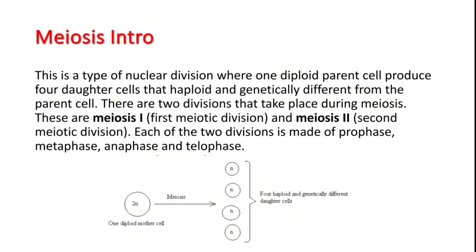That is meiosis, my excellent students. That is meiosis. So it's different from mitosis. Under mitosis, we are saying that two new cells are formed, and these new cells are genetically what? The same as the parent cells. But under meiosis, four new cells are formed, which are genetically different from the parent cell.